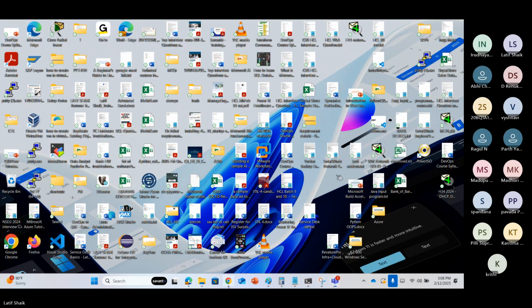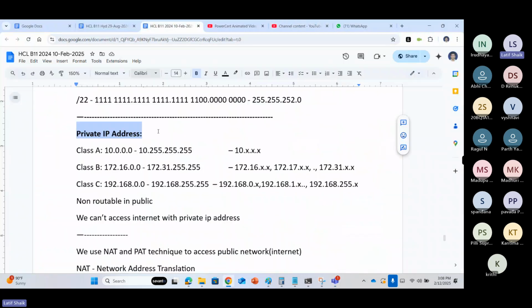Other than these ranges, there is one more private IP address range, which we'll see now. Other than 172.16 to 172.31 networks, and 192.168.0 to 192.168.255 networks, plus one more, all the remaining addresses from class A, class B and class C are public IP addresses only.